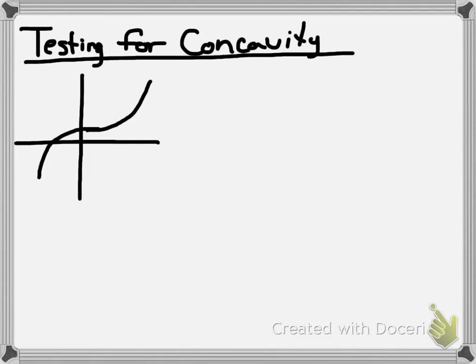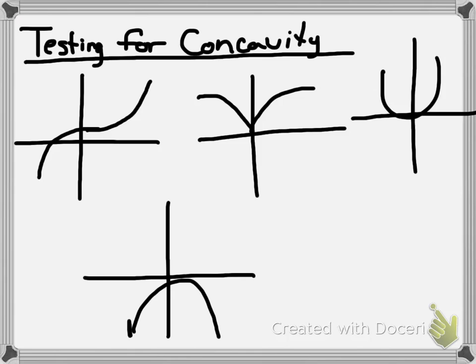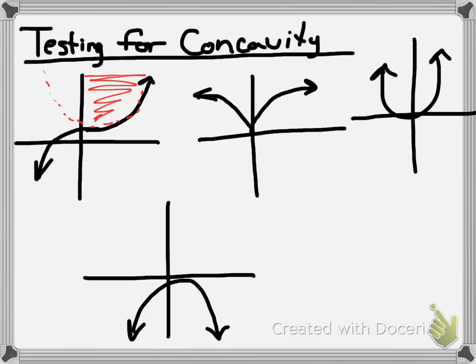Testing for concavity. Concavity is essentially the direction of the bowl shape of our function, so to say. If we have an invisible bowl right here, then this area is what's called concave up, and correspondingly here, where the bowl is facing downwards, that's concave down.